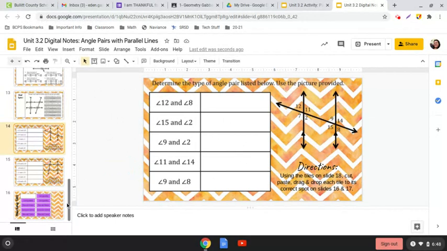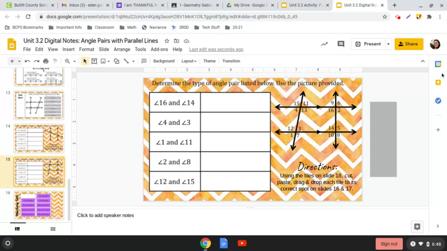So now, what we're going to do today is we're going to do slides 14 and 15. We're going to work through a few of them together. I'm going to show you what I did, though, down here. On slide 15, we've got two parallel lines and two transversals.